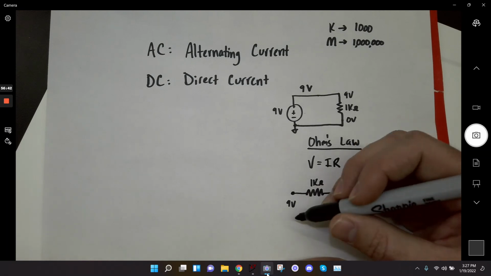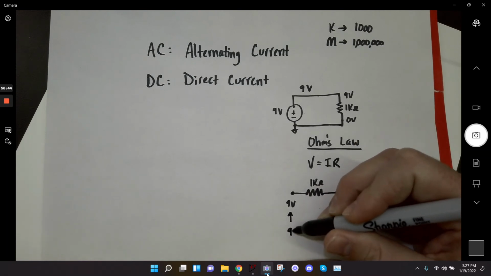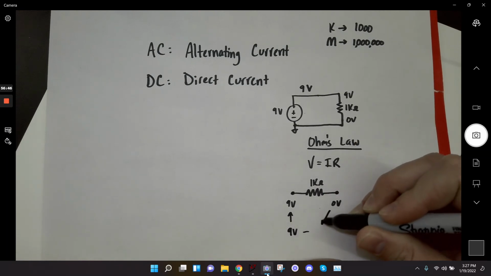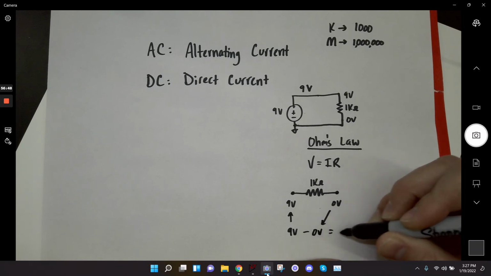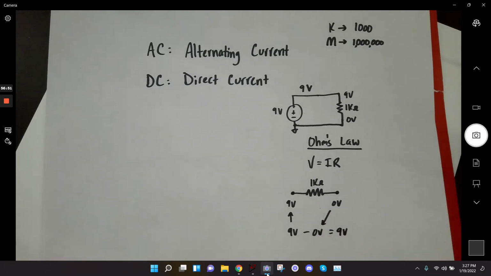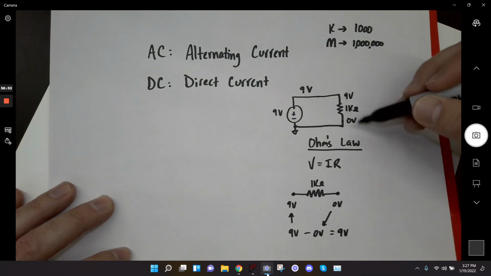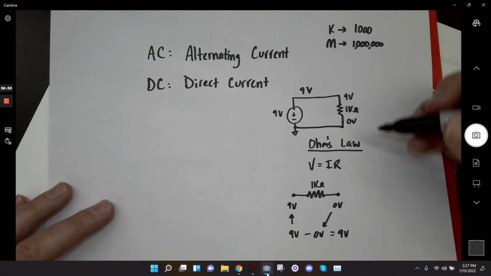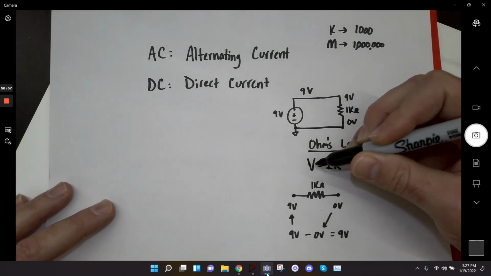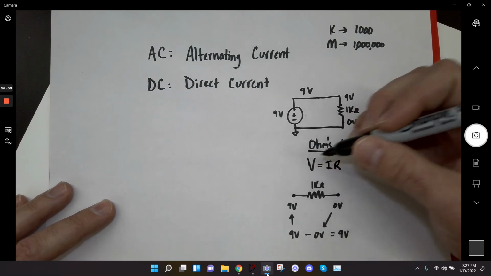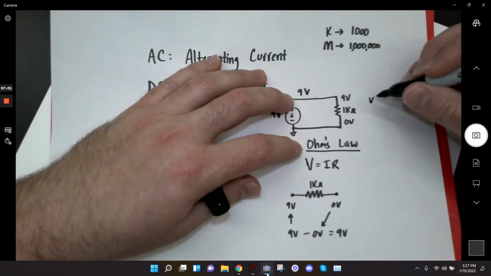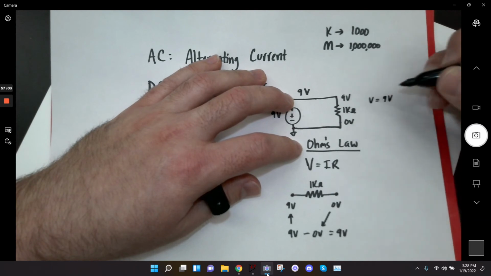So in this case, 9 volts minus 0 volts gives me 9 volts, right? So I have 9 volts across this resistor. I know that now is my V in this equation. I know that there's 9 volts across the resistor, so V equals 9 volts.